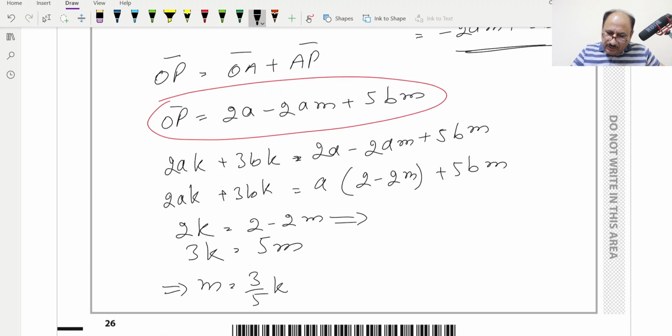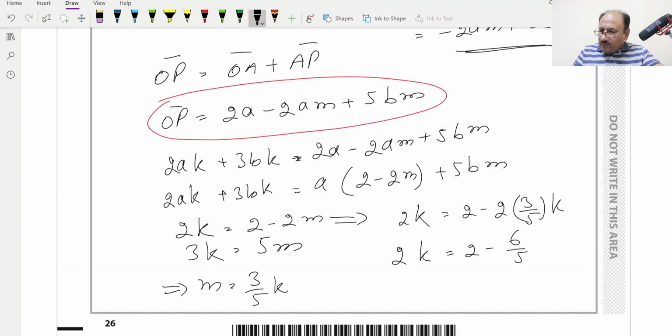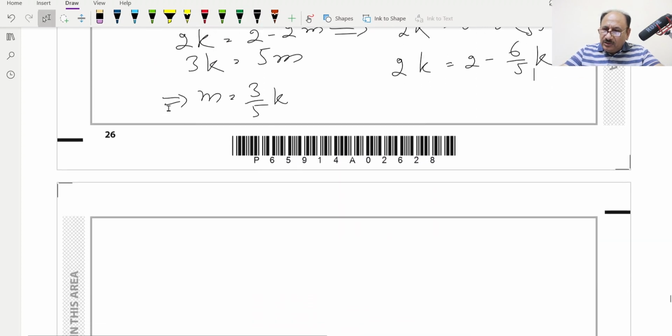So this implies 2k is equal to 2 minus 2 times 3 over 5k, and this will be further simplified. 2k is equal to 2 minus 6 over 5k, and we can find the value of k from here.